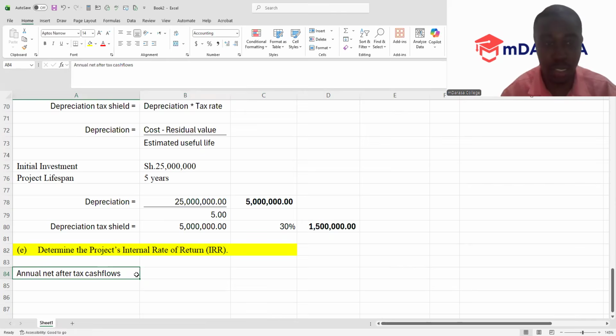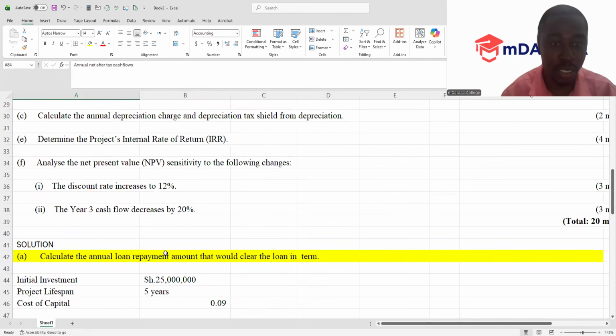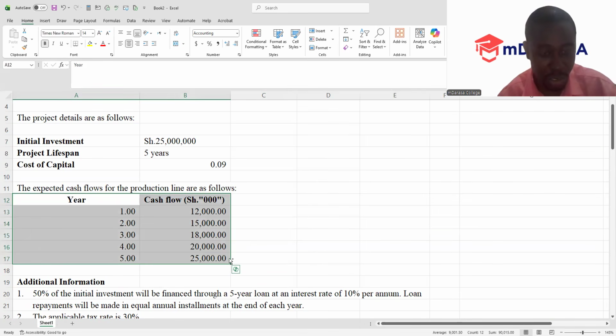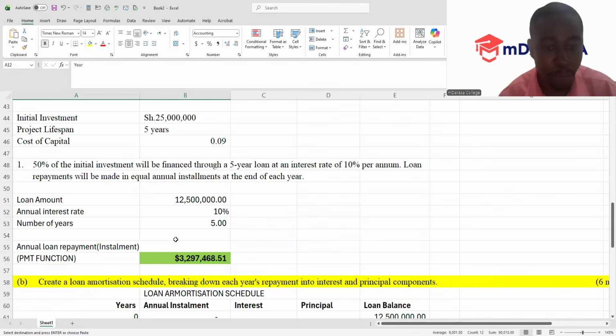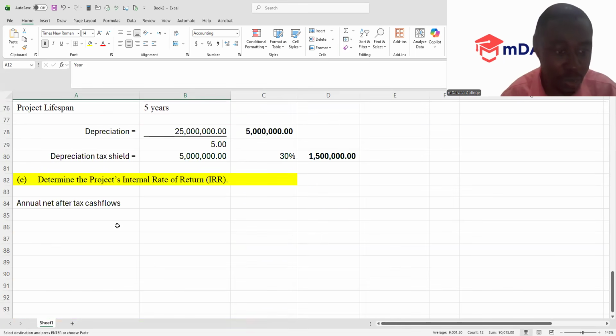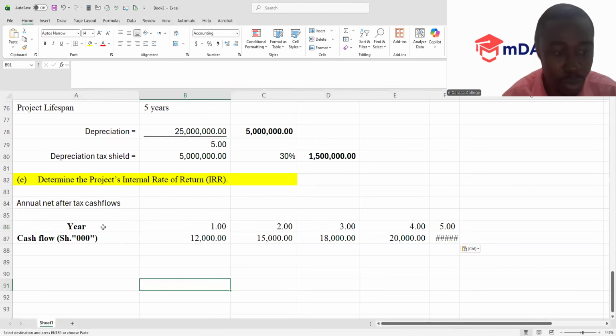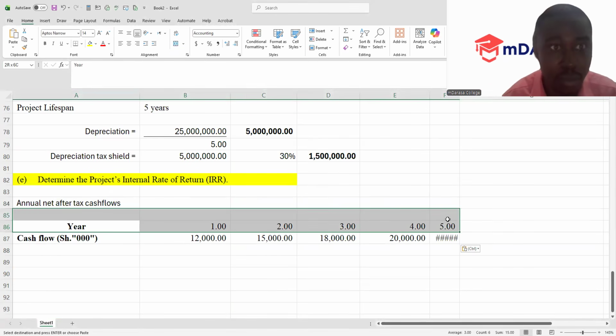So in this context, let us see. These were just our cash flows. So what we're going to do is take the data given here and transpose it here. These are the periods given.